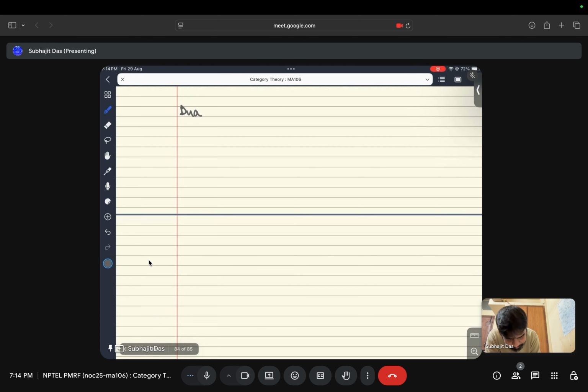So let's say the usual GAFT for the functor G op from B op to A op. Let's write it properly.